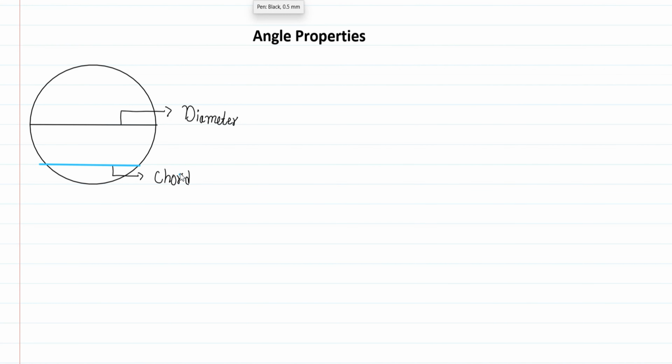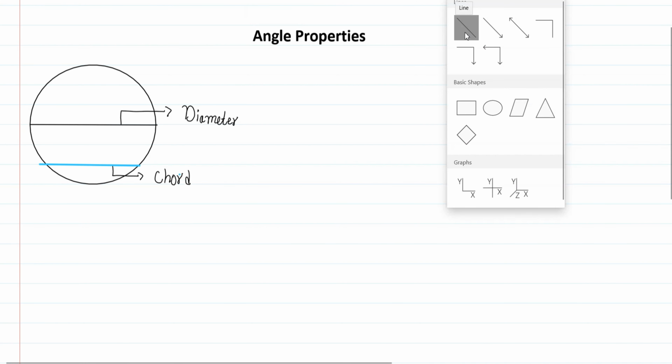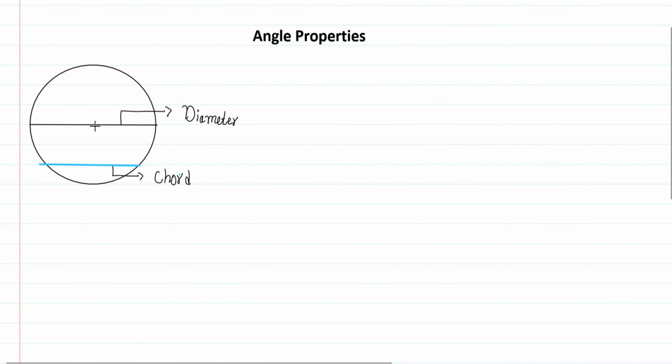And after this, if the line starts from the center and meets at the circumference at any point, you can also draw it like this. So these two are what?